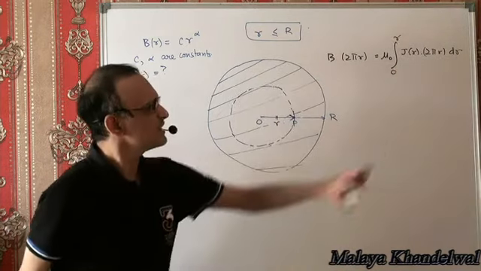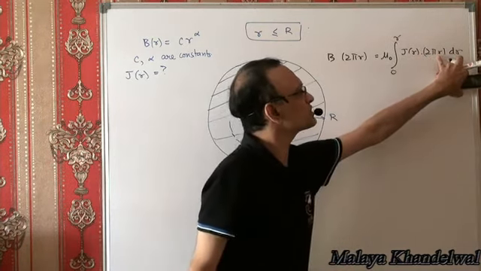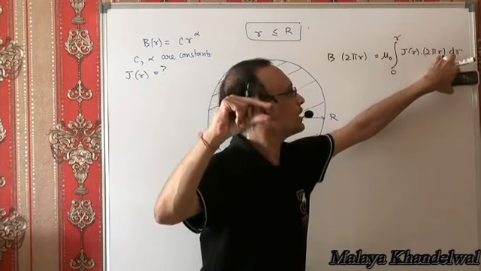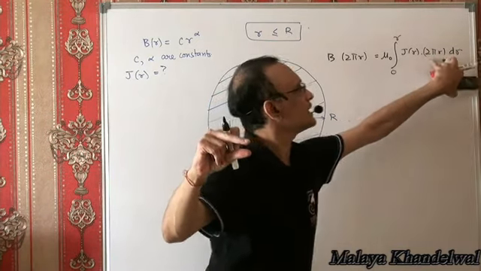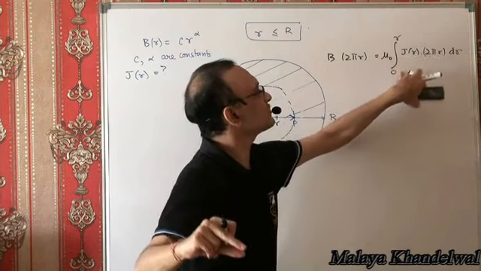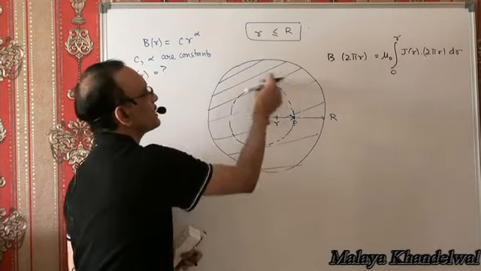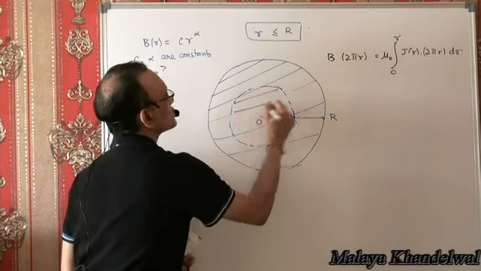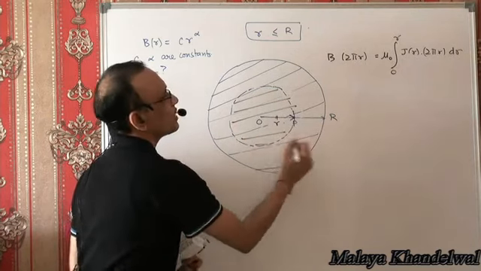This is current per unit area for a strip of radius r and thickness dr, that's the area. Then r varies from 0 to small r. That will give me the current enclosed inside this region. So that's Ampere's circuital law applied to this region.